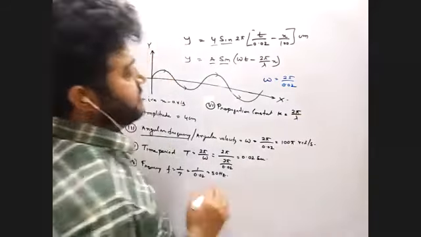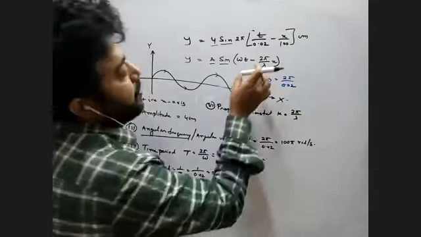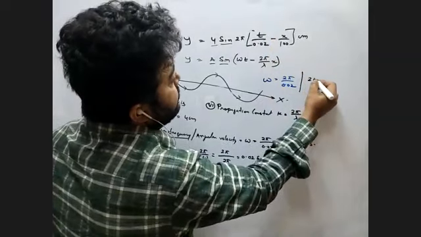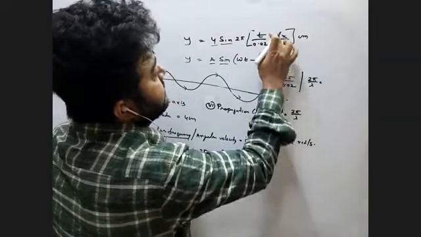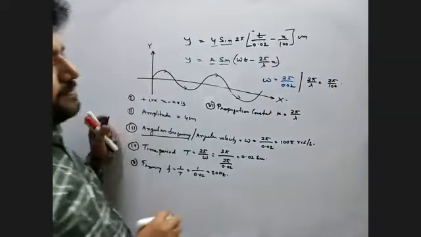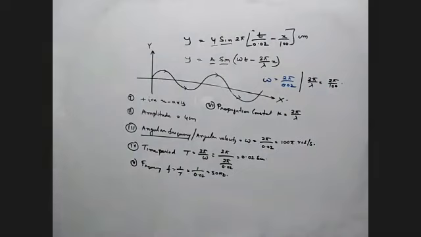So for that, if we compare, we have 2 pi by lambda, that is 2 pi by 100, isn't it? Clear, everyone? Yes, sir.